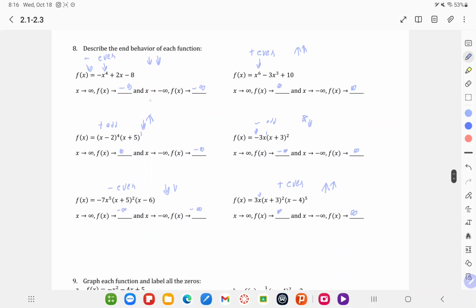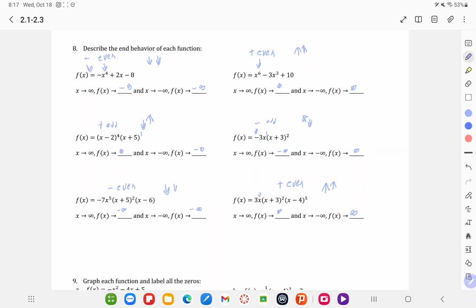It is negative infinity, so infinity, negative infinity, negative infinity, negative infinity, and then for positive even it is infinity, infinity, negative infinity, infinity.